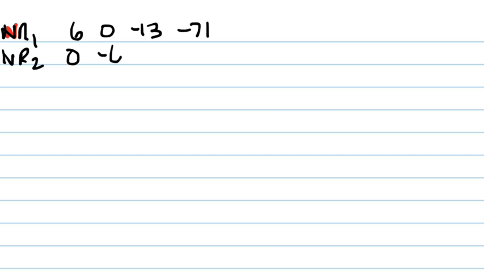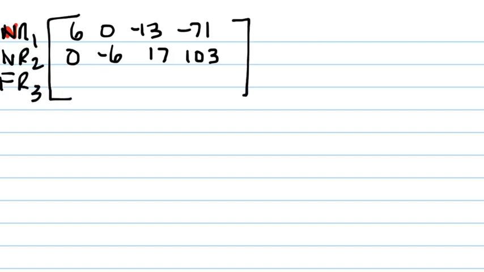So I'll write that down really quickly. So it's new row 1. New row 1 is 6, 0, -13, -71. New row 2 is 0, -6, 17, 103. And remember, we just got final row 3, so that's what we're working with this time. And that is 0, 0, 20, and 100.